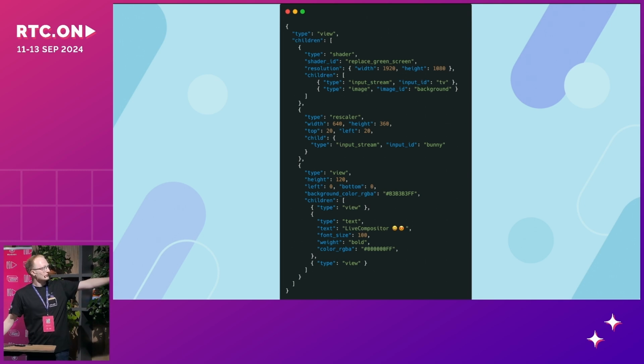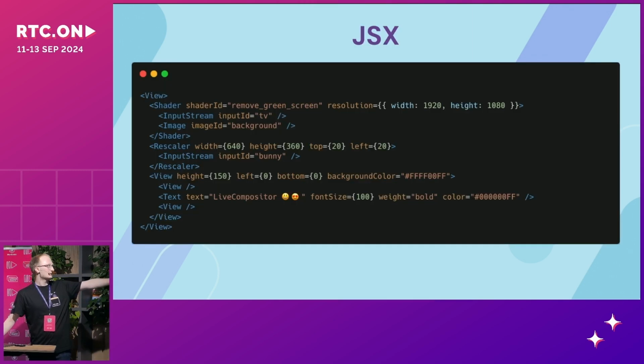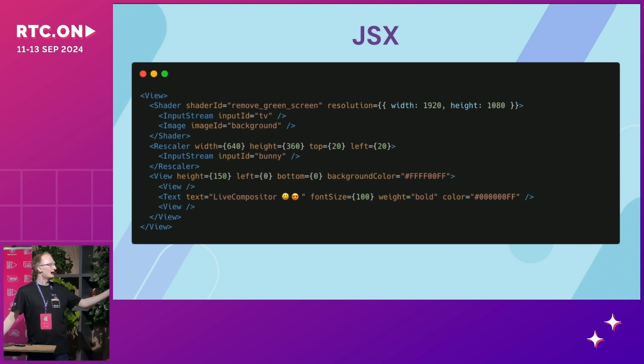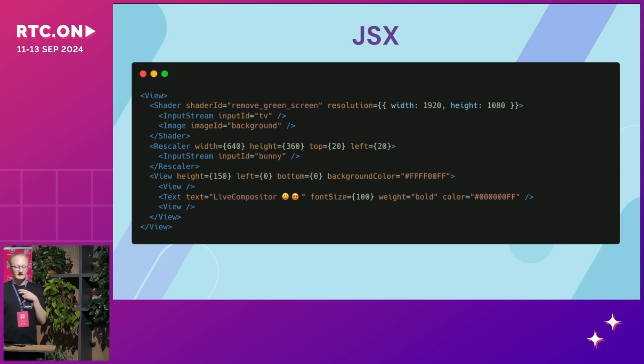So this is the JSON that we had earlier, and this is the JSX, and that is similar to it, basically the same. That does the same thing. So while all the information is here, it's really more concise, more compact, easier to read.